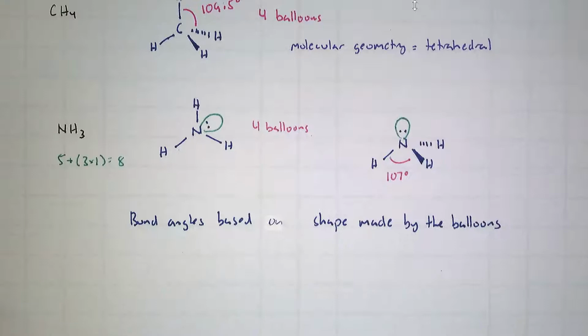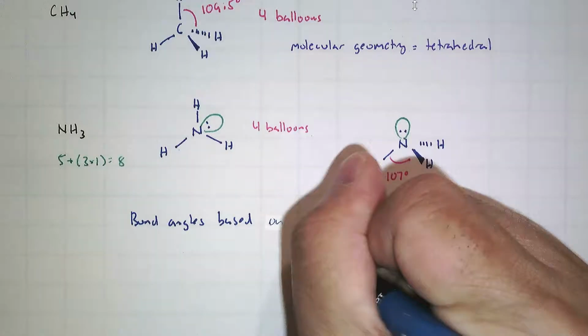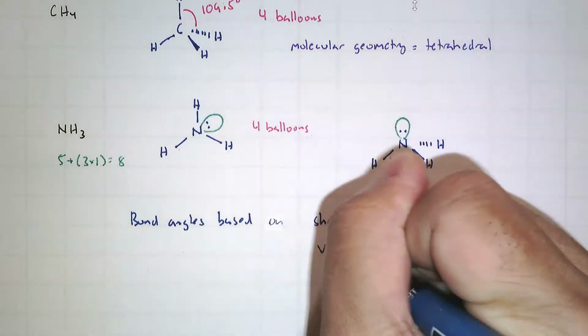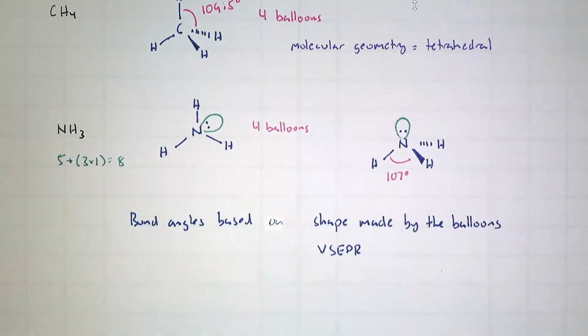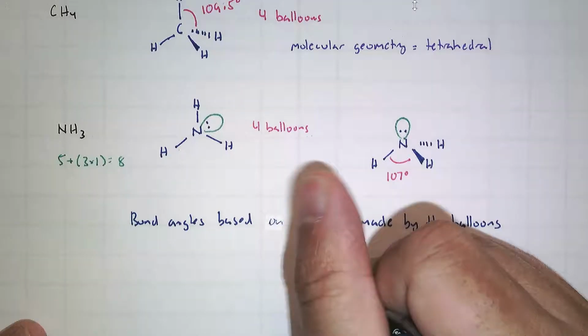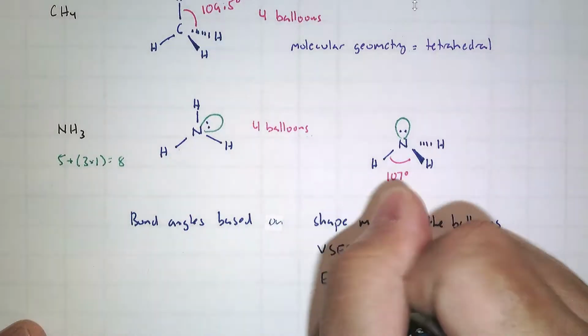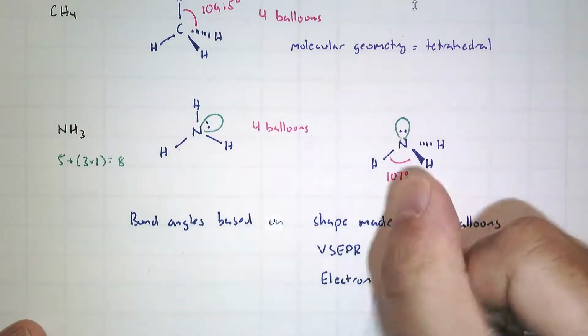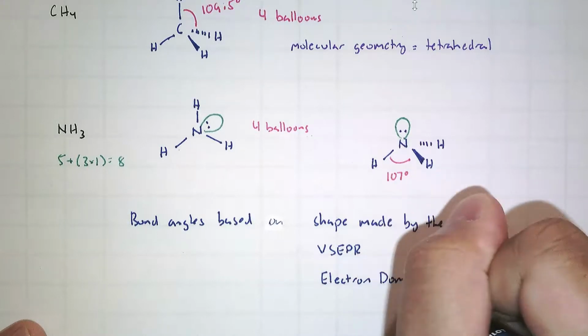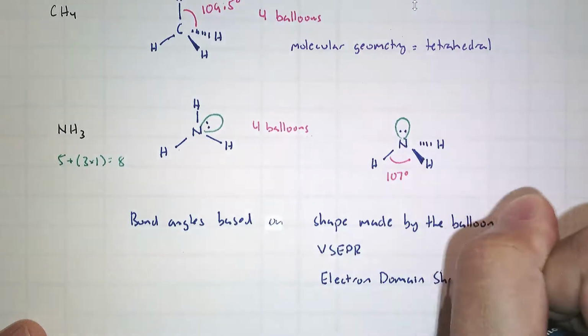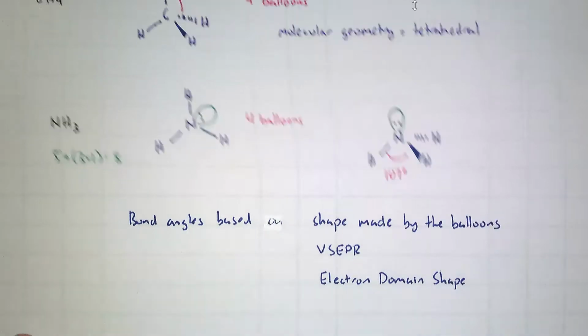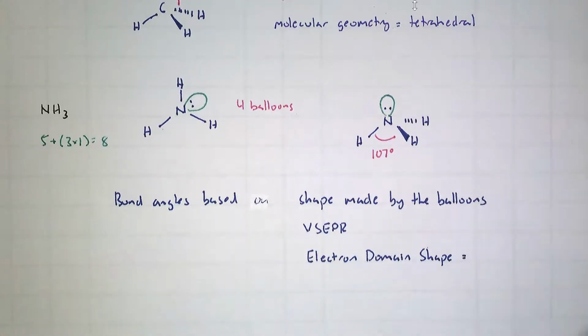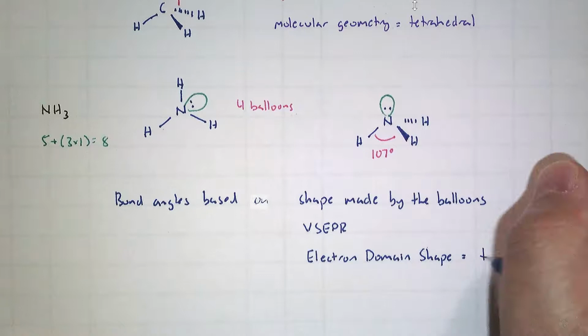Okay? And obviously we're using VSEPR theory, valence shell electron pair repulsion. That shape made by balloons has a special name. It's called electron domain shape. And we'll talk more about electron domain shape in future videos. But yes, the electron domain shape is tetrahedral.